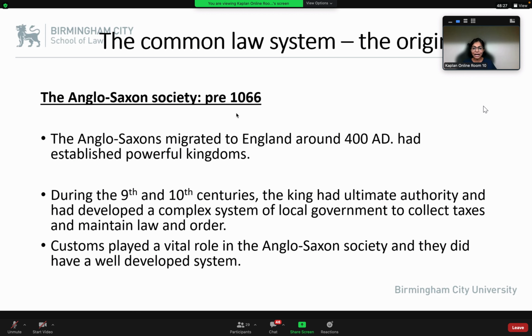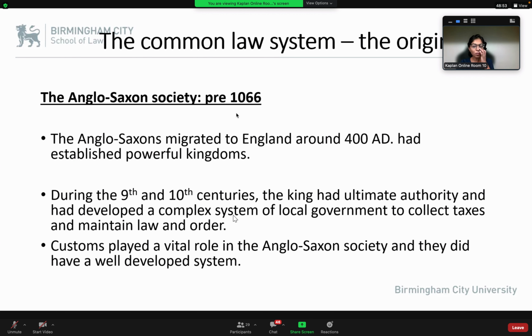Of course, they created a very sophisticated, very technical, complex system of governance here. Today it's so simplified. But the main purpose of kingdoms back then, you must appreciate and understand, is to collect tax. That's the main priority.